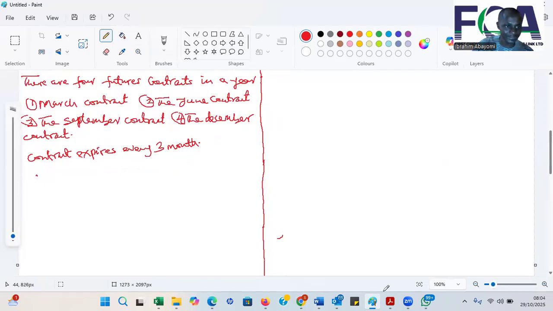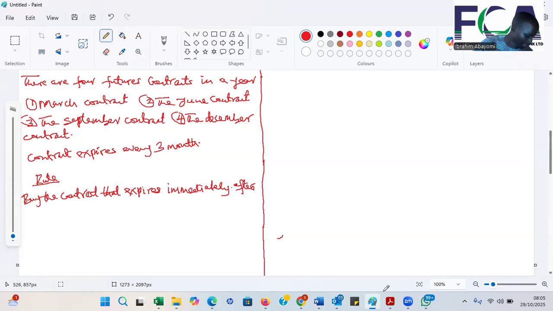The rule is for you to buy the contract that expires immediately after your transaction date.